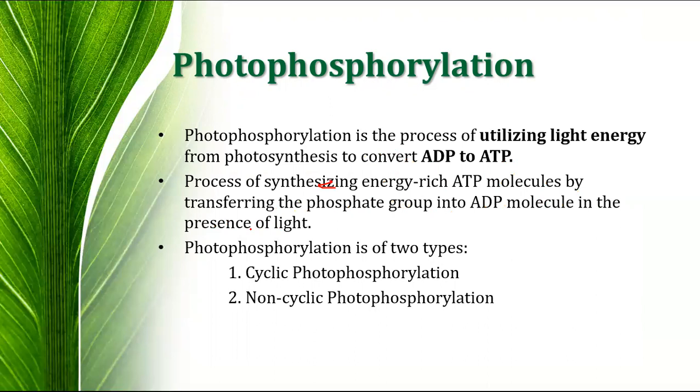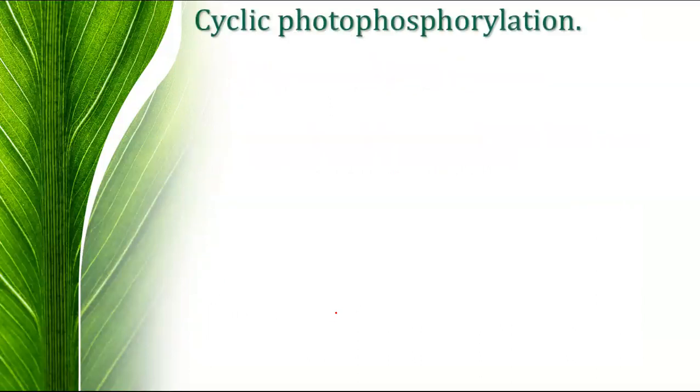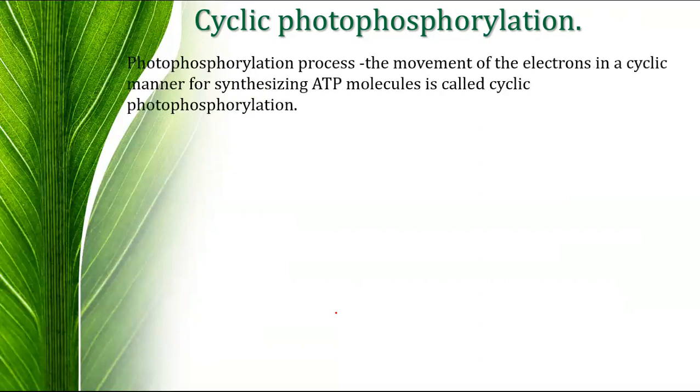There are two kinds of photophosphorylation: cyclic photophosphorylation, and second, non-cyclic photophosphorylation. Now the cyclic photophosphorylation, which means the conversion or utilizing of the light energy.